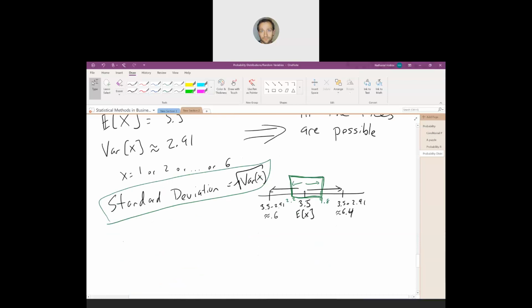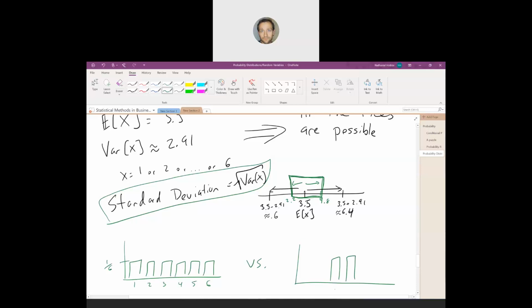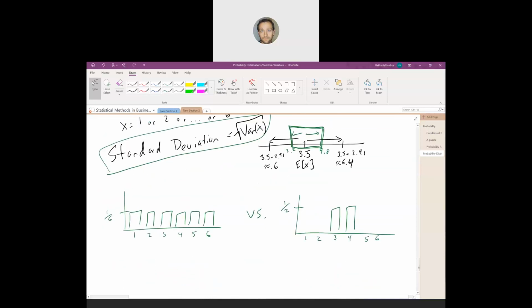There's a difference. These two random variables are random variables that I could make from the same die.